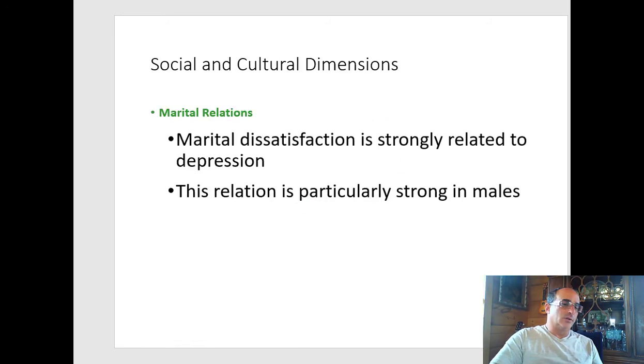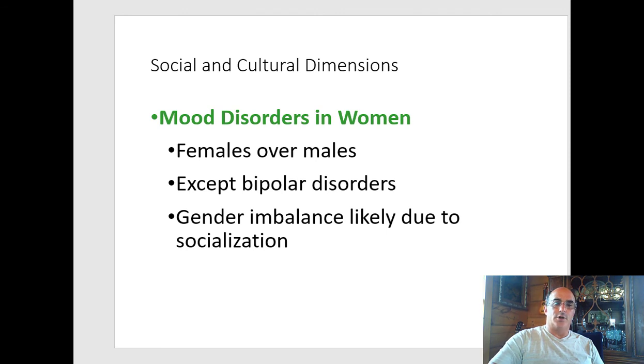What about the cultural and social dimensions of depression in terms of marital relations? Marital dissatisfaction is strongly related to depression, and this relation is particularly strong in males. In terms of mood disorders in women, mood disorders and depression favor females over males, except for the bipolar disorders, which we will talk about later on.